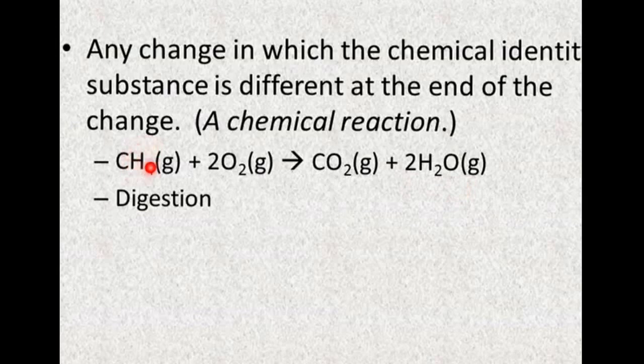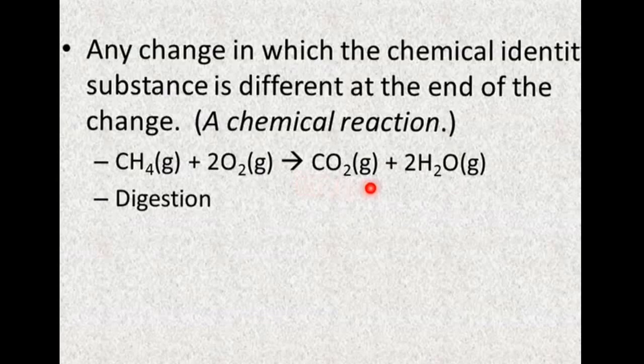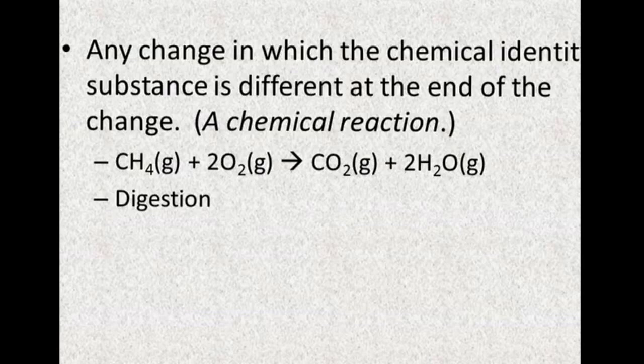So we've gone from having two substances, natural gas and oxygen, to having two different substances, carbon dioxide and water. Thus our ending substances are different from our beginning substances, which is what a chemical change is: any change that involves changing the identity of a substance.